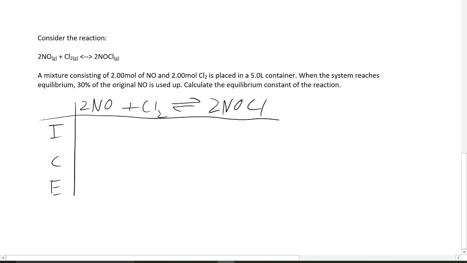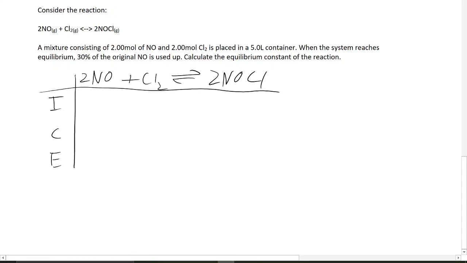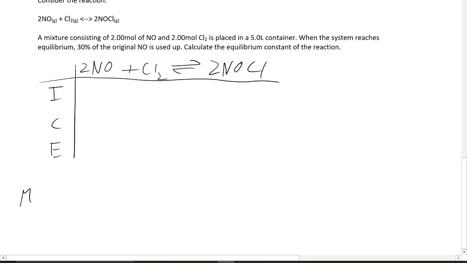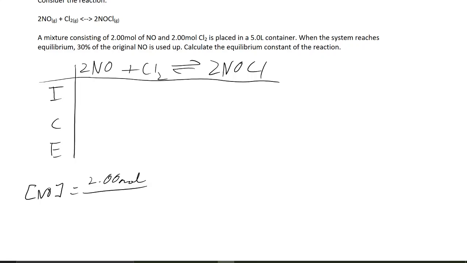We're not given any concentrations in this question, but we can find them because we're given moles and liters, and concentration M equals moles per liter. So the concentration of NO equals the number of moles of NO, which is 2.00 moles, divided by the size of the container, which is 5.0 liters, and that equals 0.40 molar, to 2 sig figs.